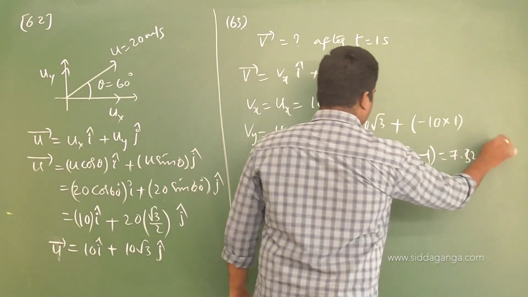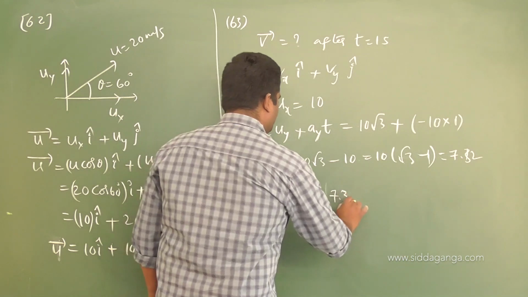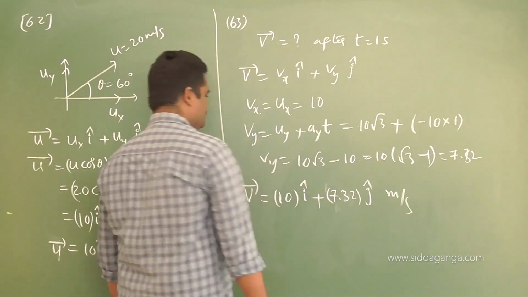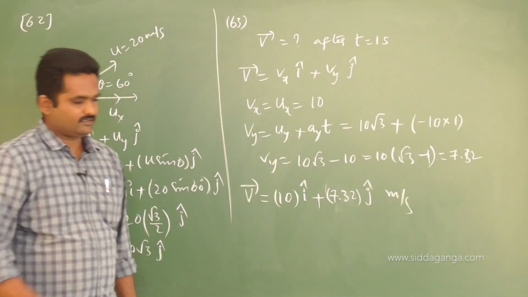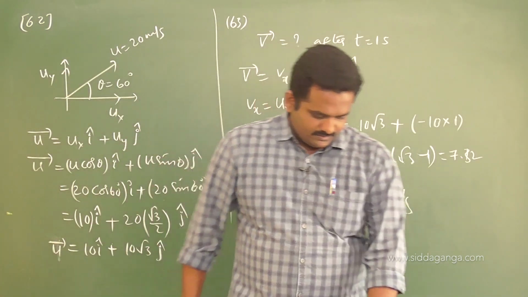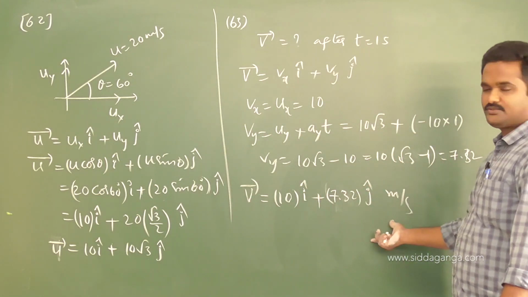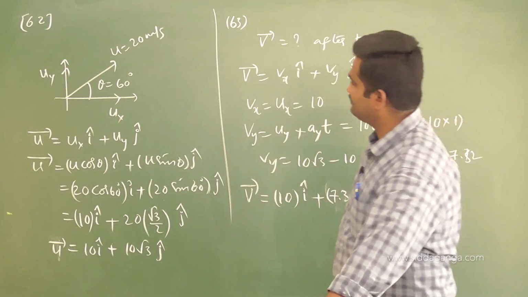Let me take this as 7.3, plus 7.32 j cap, so many meters per second. This is the velocity after 1 second, that is how we need to solve it. If they have given it like this, you can put the simplified value and just substitute, very simple.